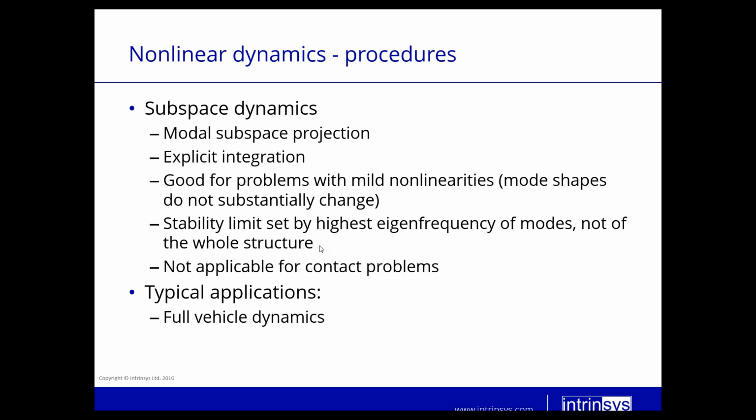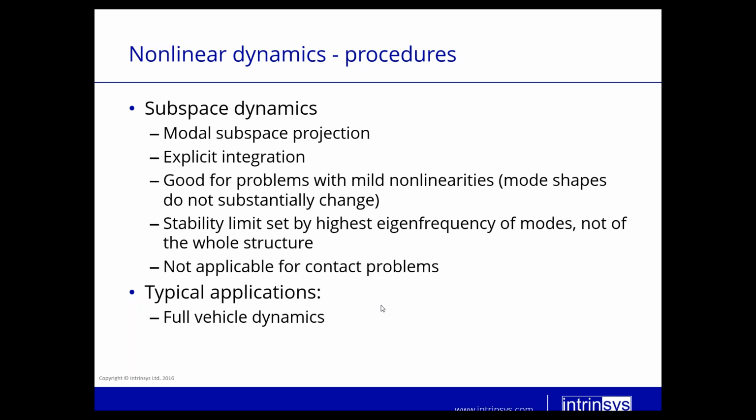Drawback is you cannot use it for contact type problems. And for example, a typical application is like a full vehicle dynamic analysis, in which case each individual part of the vehicle behaves linearly, but the vehicle as a whole can have nonlinear behavior.